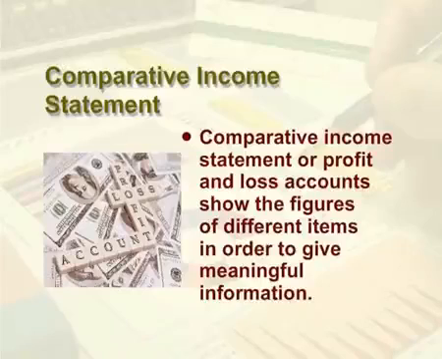Comparative income statement or profit and loss accounts show the figures of different items in order to give meaningful information. From this information, one can immediately understand whether the sales have increased or decreased and what is the percentage of this change. As well as one can understand the changes that occurred in different expenditure items.